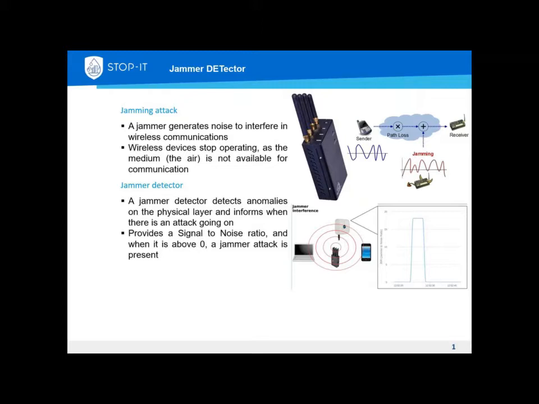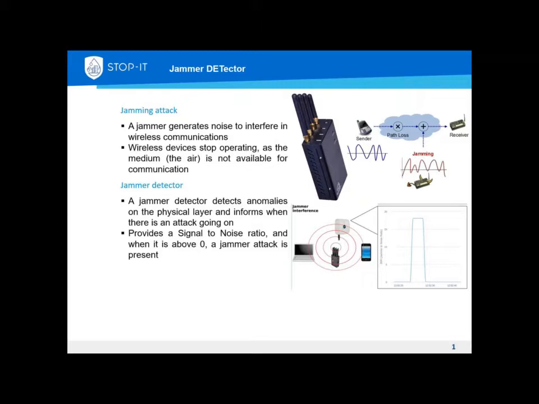So this is the quick introduction to what is a jammer detector. In fact, we need to understand first what is a jamming attack. A jamming attack is mainly an attack on the physical level of any kind of wireless signal.